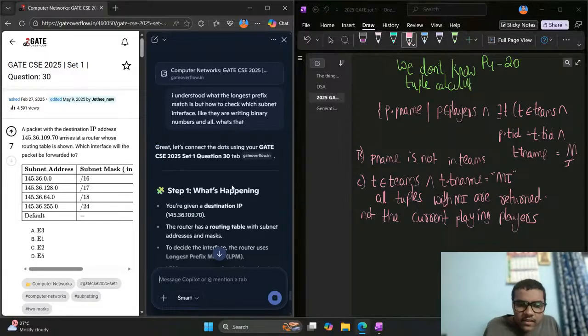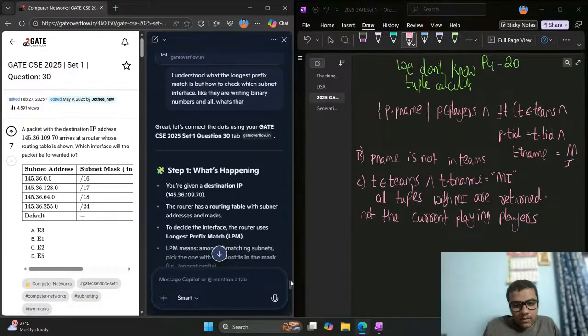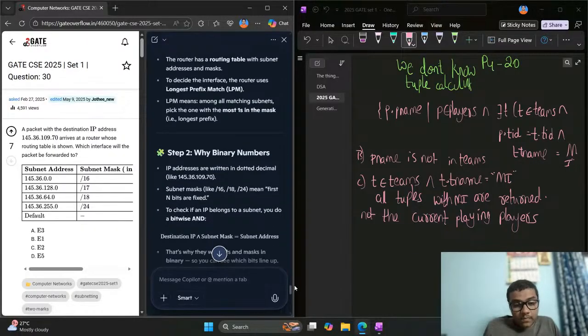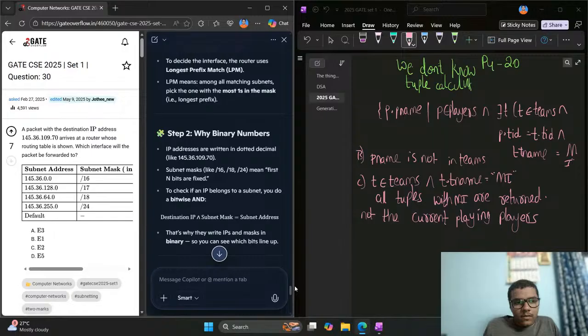You are given a destination IP. The router has a routing table with the subnet addresses and masks. To decide the interface, the router uses longest prefix match. Among all possible subnets, pick the one with the longest prefix. IP addresses are written in dotted decimal. The first bytes are fixed. Do a bitwise AND.